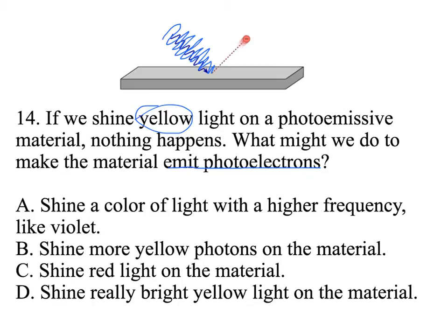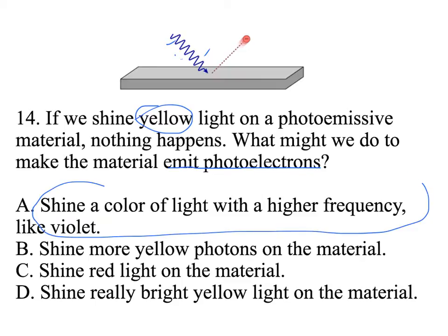But that never happens. Instead, the only thing that we can do is to shine a higher frequency of light, like violet or blue or something like that. That's the only way to actually kick out an electron if the other color won't do it.